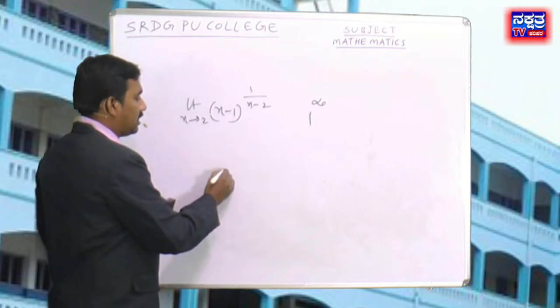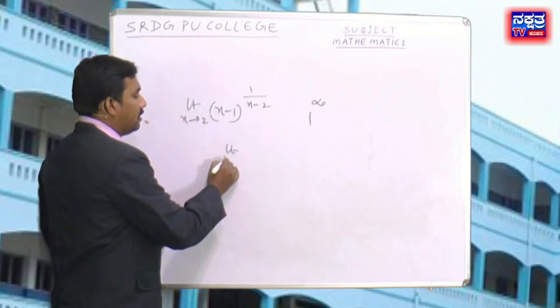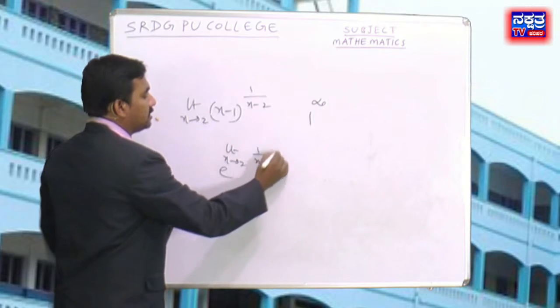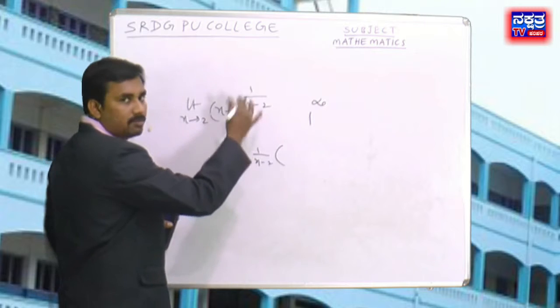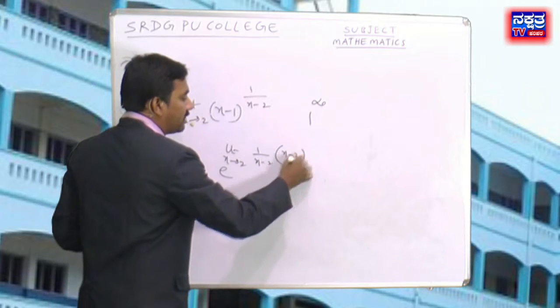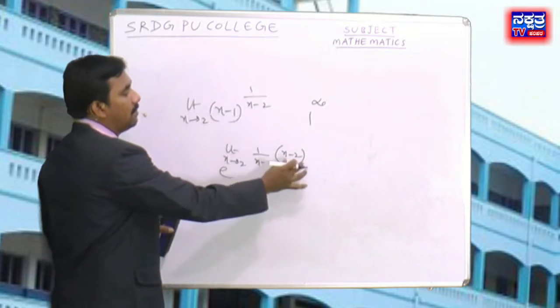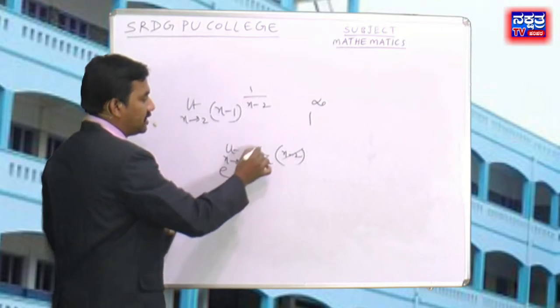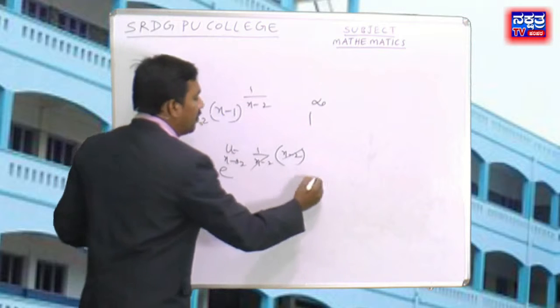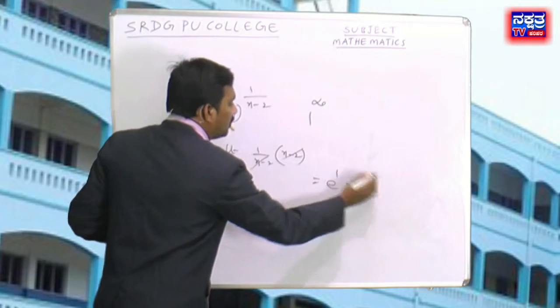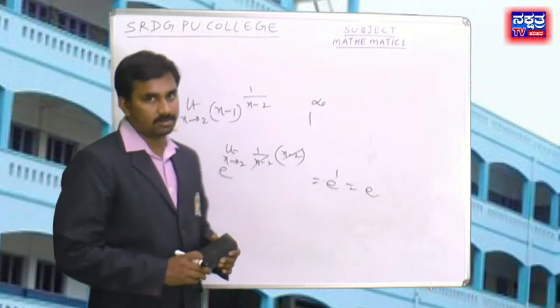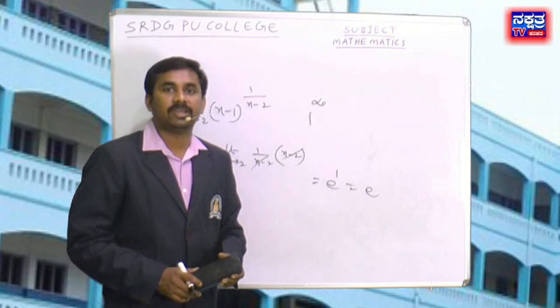Then you can take e power limit x tends to 2, g of x which is 1 by (x minus 2) into (f of x minus 1), which becomes (x minus 2) times (x minus 1 minus 1), that is (x minus 2). After cancellation, it is 1, e power 1. So that equals e. The same model we can use to solve the question. We'll move to the next question.